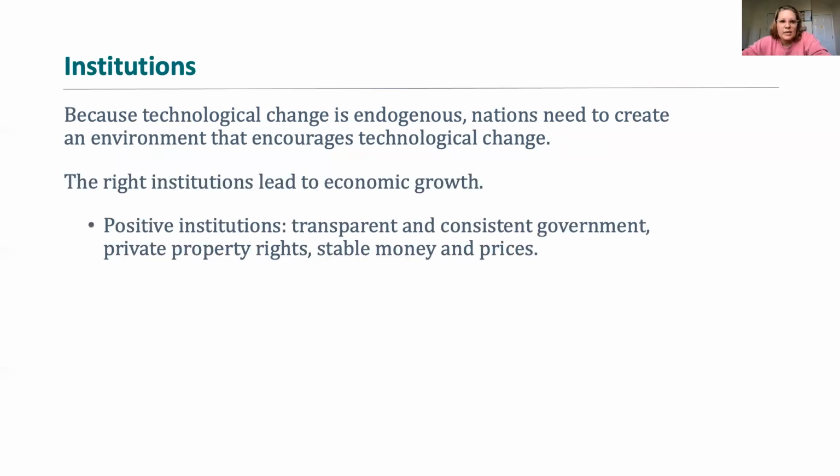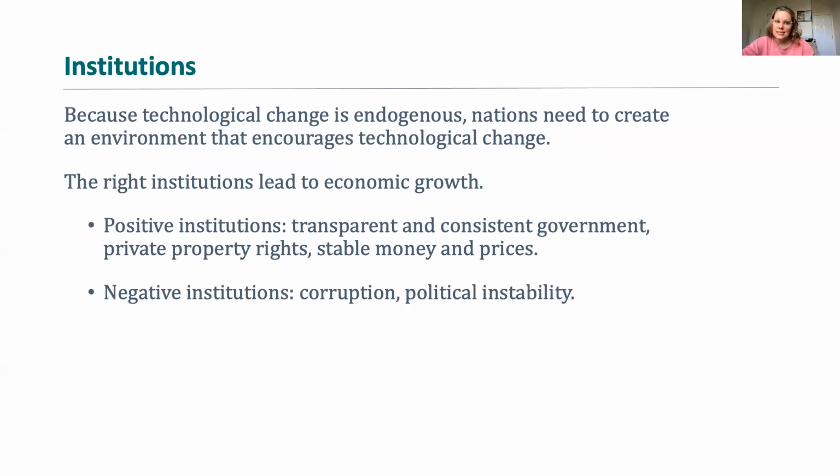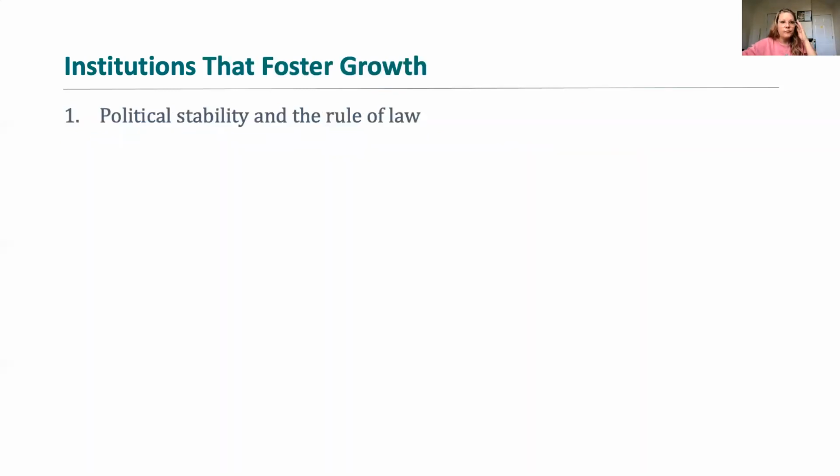And the right institutions lead to economic growth while the bad ones don't. Positive institutions have a couple things in common. They're transparent and consistent. They protect private property. They have stable price systems. Whereas negative institutions that hinder economic growth tend to exhibit high levels of corruption and political instability.